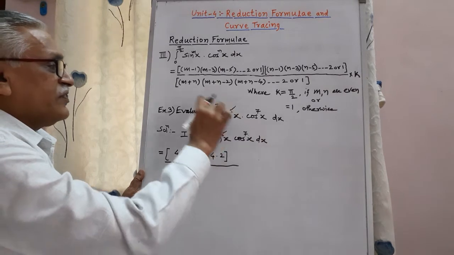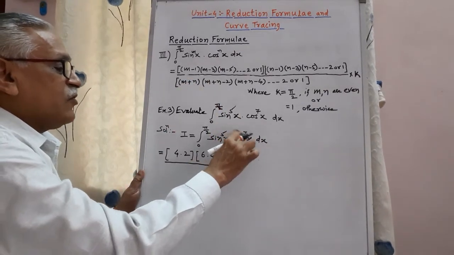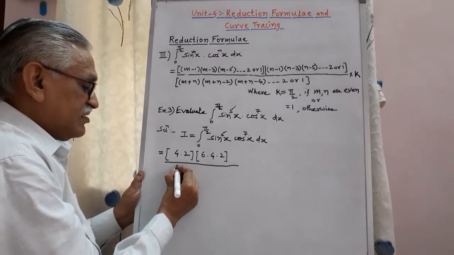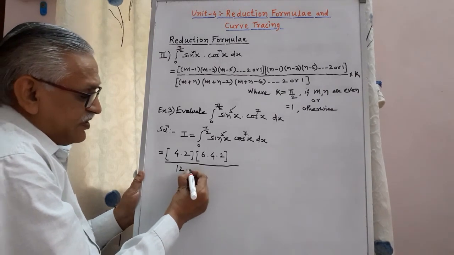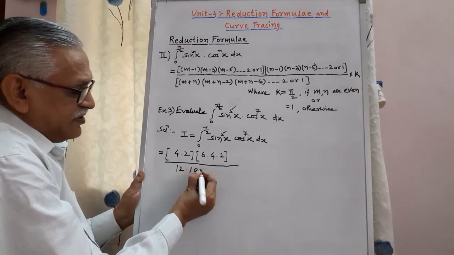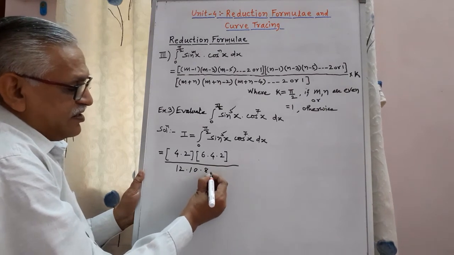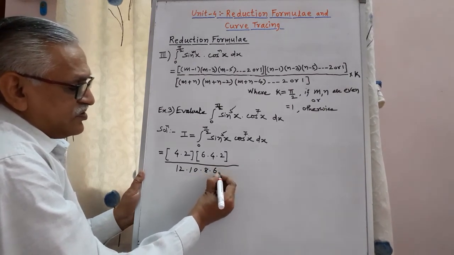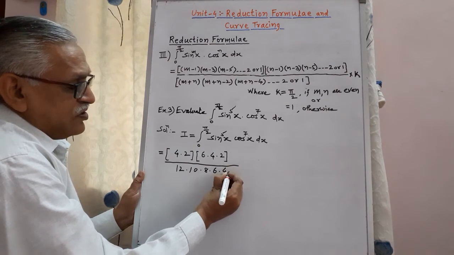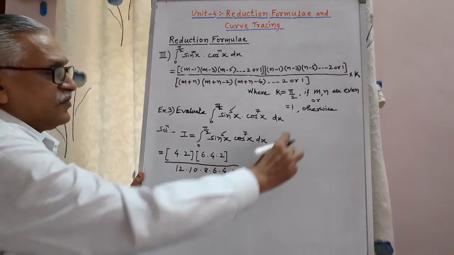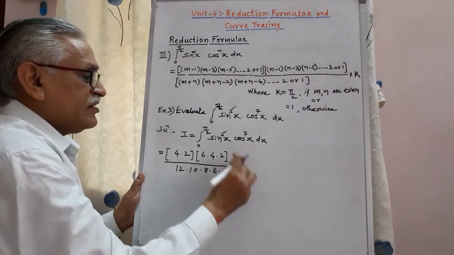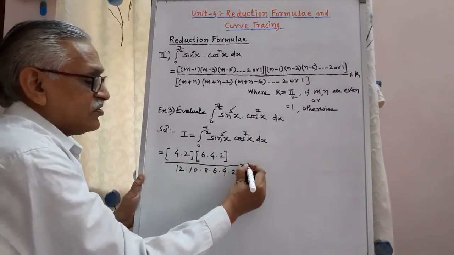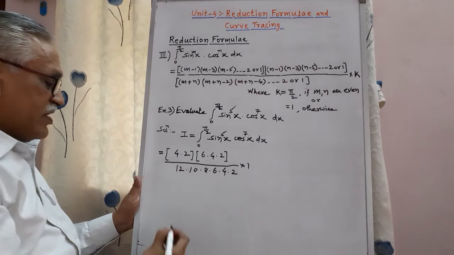In the denominator we have the first m plus n, 5 plus 7 we get 12, subtracting 2, 12 minus 2 we get 10, again subtract 2, 8, again subtract 2, 6, then 4, then 2. Therefore the last term is 2, stop here, and into the value of k, as both are odd, we have to consider the value of k as 1.